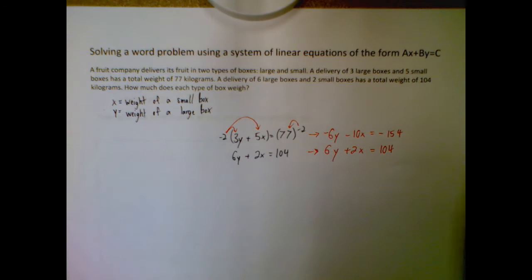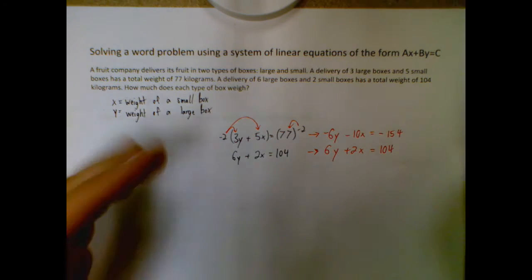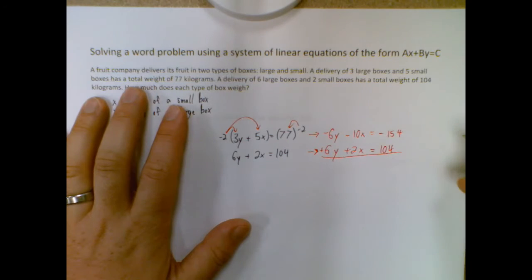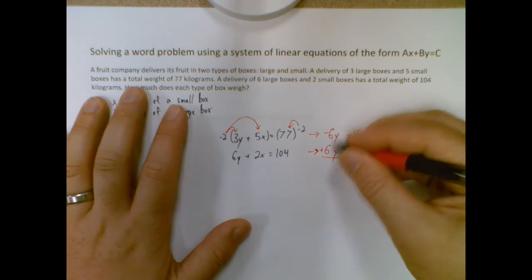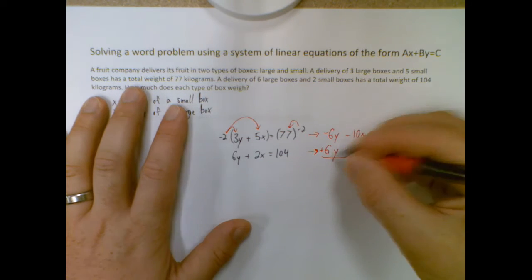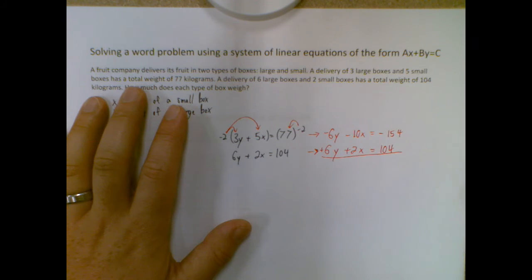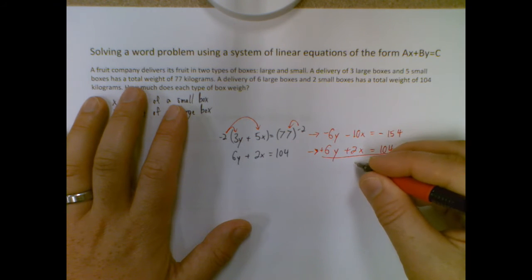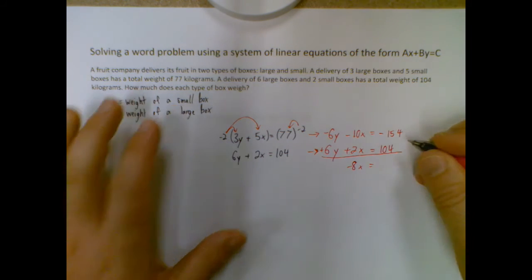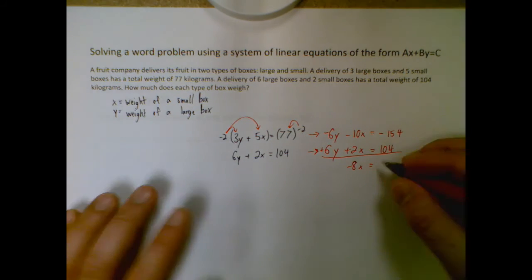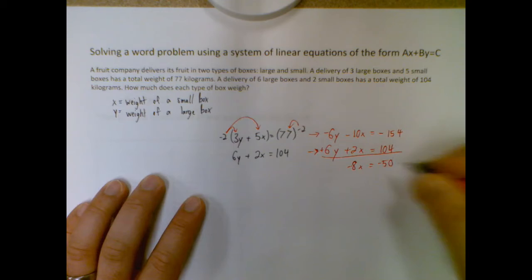Okay. Alright, so now I'm going to eliminate by adding my equations together so that these two can add up to 0. So this is 0y, which is gone, and then over here I end up with -8x, and then over here I have -50.